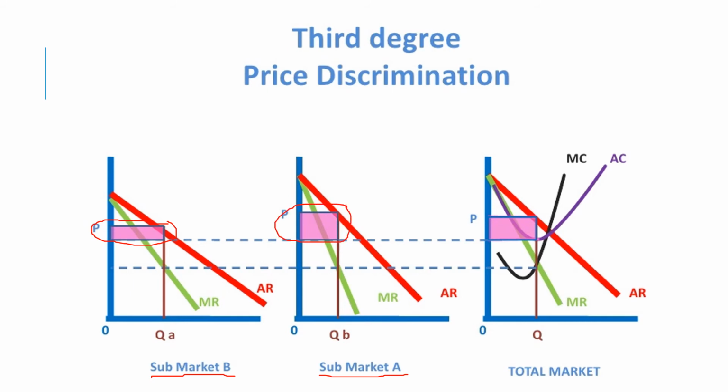But when we combine them both together, if we look at the average position for a business as a whole on the right hand side, here is our average price, and we can see that we make supernormal profits in the purple area here, because we're able to maximize. It's basically the sum of the previous two profits from submarket A and submarket B. So we can make greater supernormal profits overall by splitting out our markets.